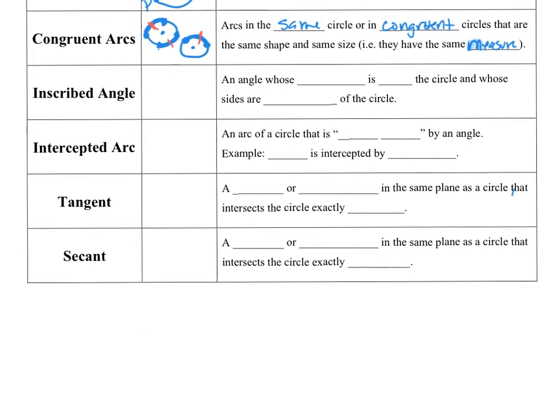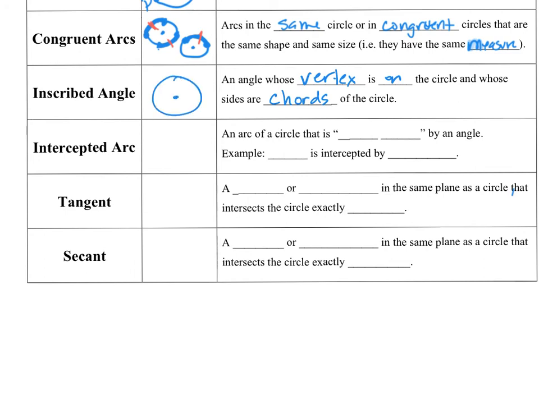The first angle we're going to talk about is an inscribed angle. And an inscribed angle is an angle whose vertex is on the circle and whose sides are chords of the circle. So let's draw an example of that. So draw a circle. Here's its center.